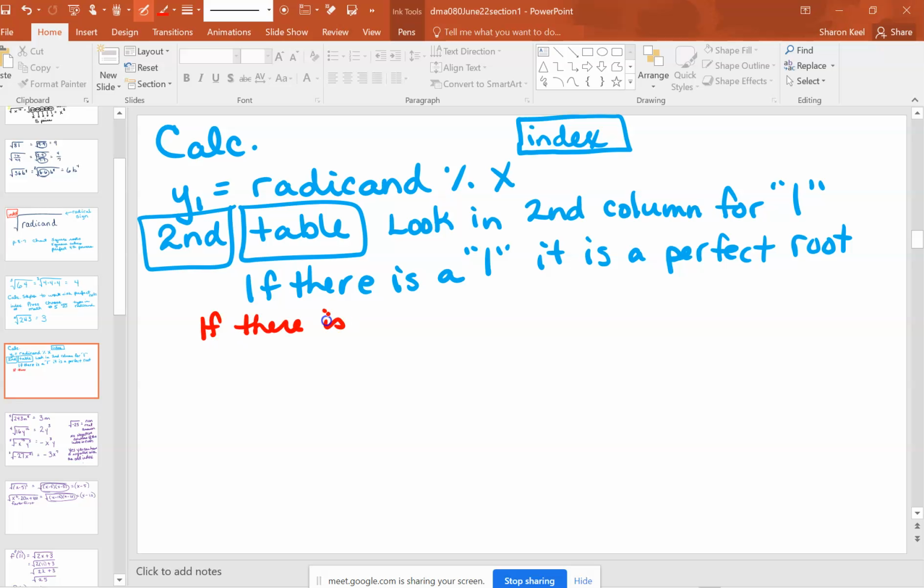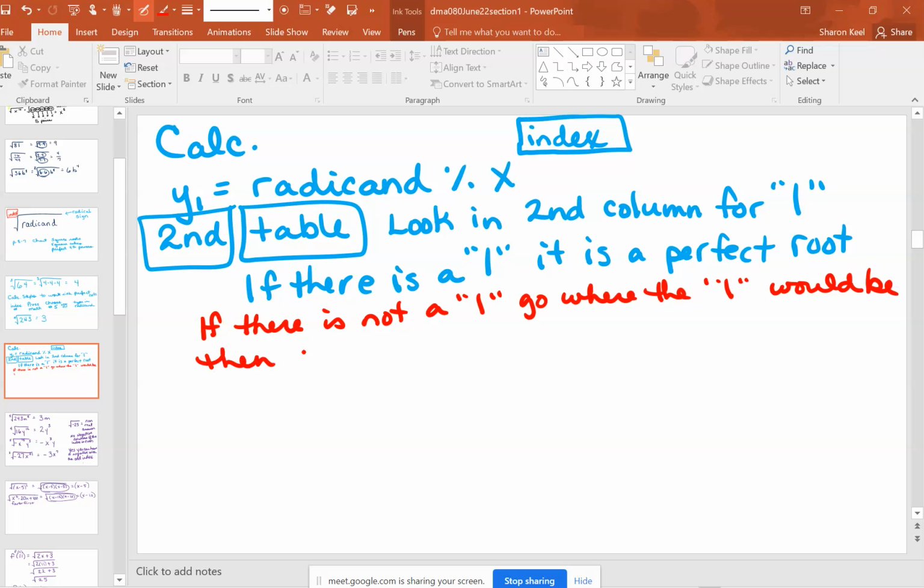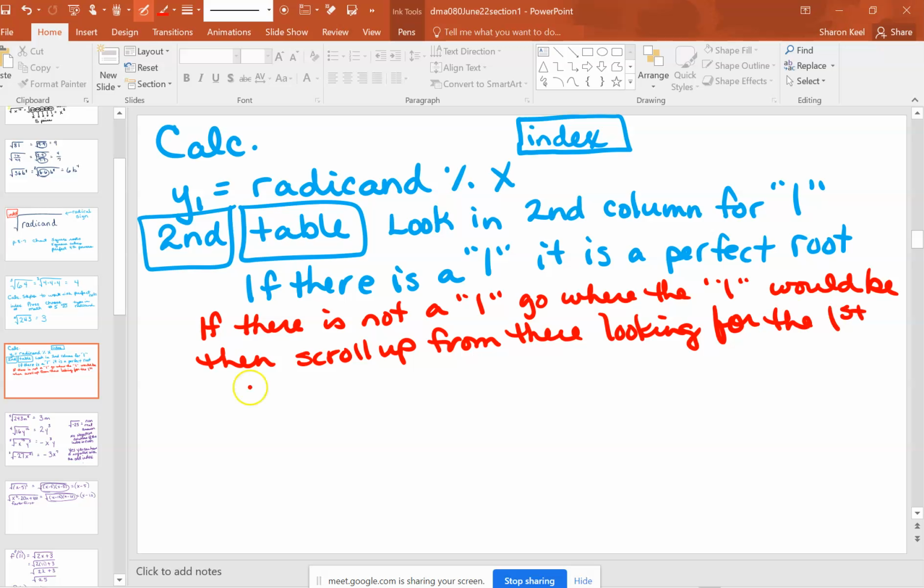If there is not a 1, you are going to go where the 1 would be, then scroll up from there, looking for the first pair of whole numbers.